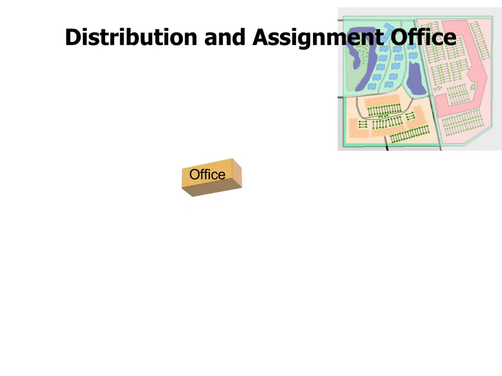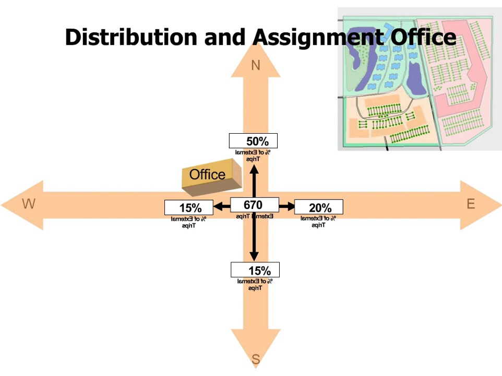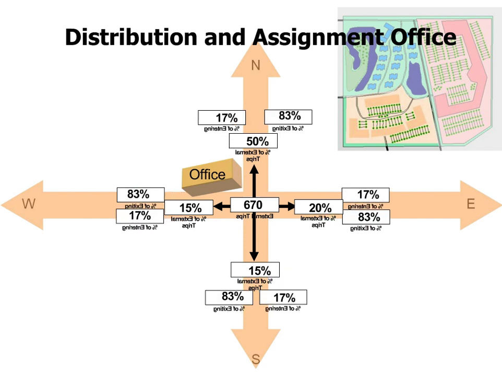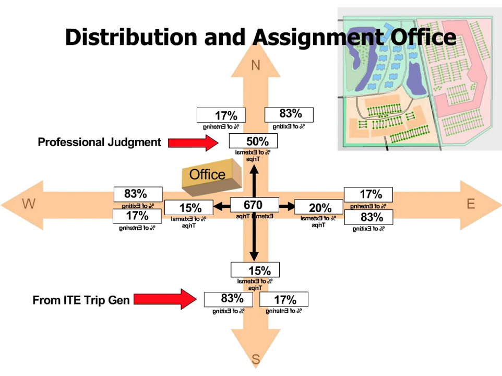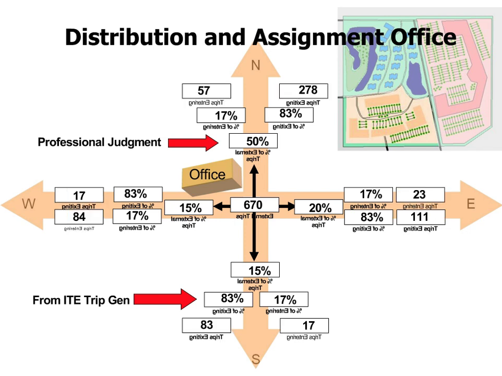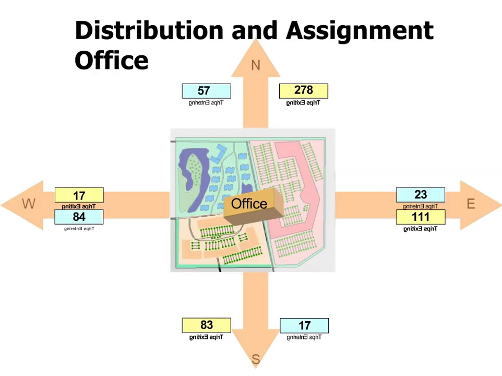Then we also have the percentage entering and exiting that we get from the ITE trip generation report. Now, these things, like what percentage are going in these cardinal directions, are many times professional judgment. So you just keep working it out, and you end up with these numbers.